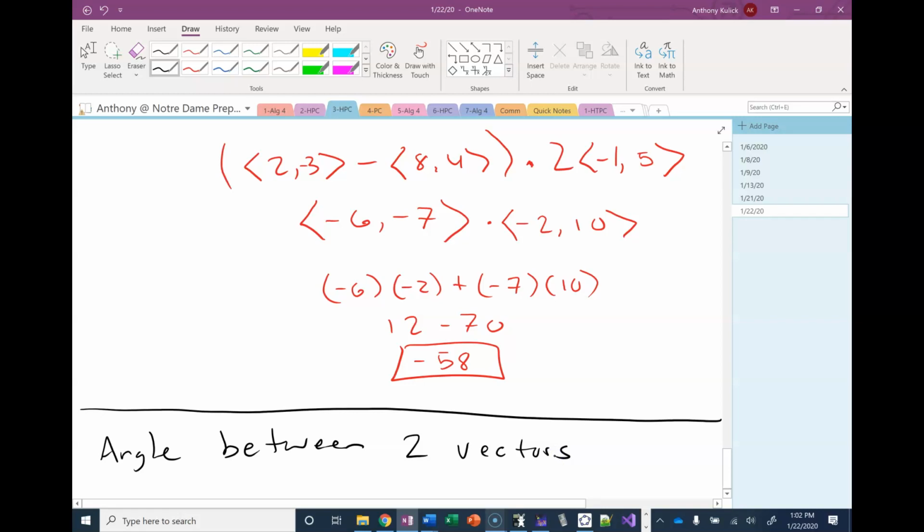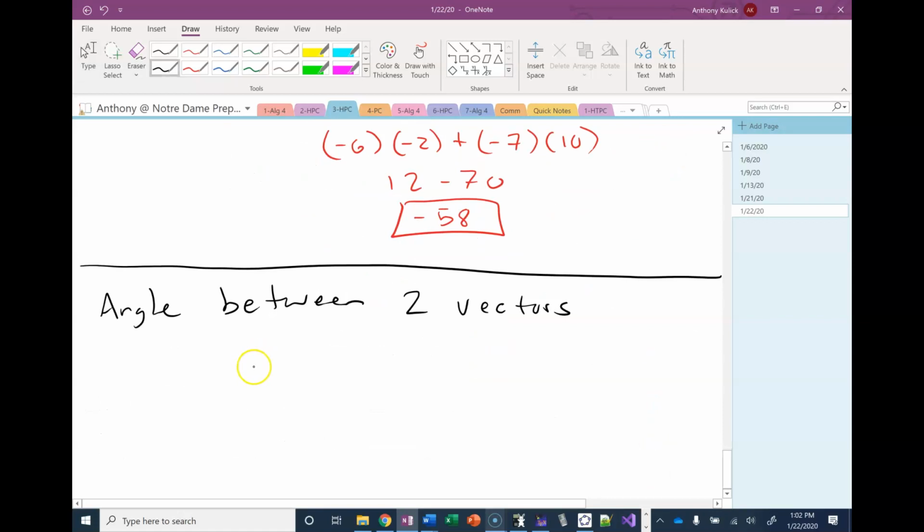So let's say we were interested in computing the angle between two vectors. Let's say here is some vector v, and over here is some vector u. What we're interested in then is this angle here, theta.